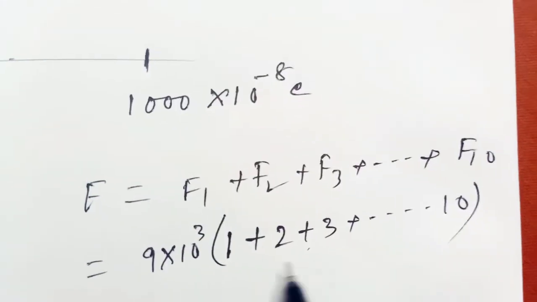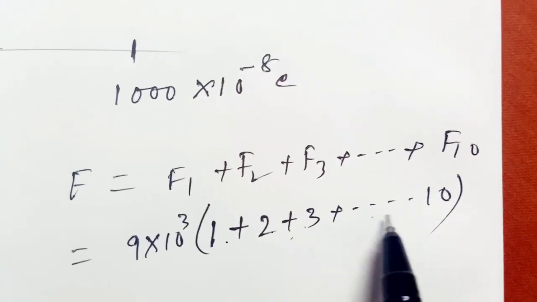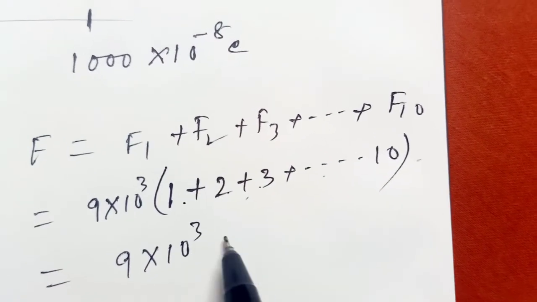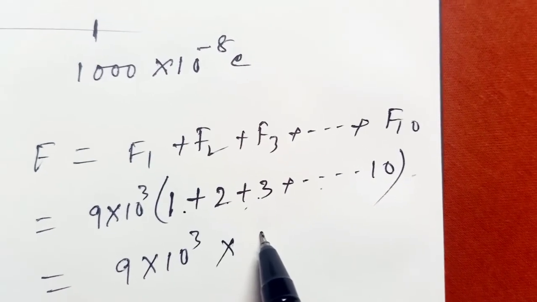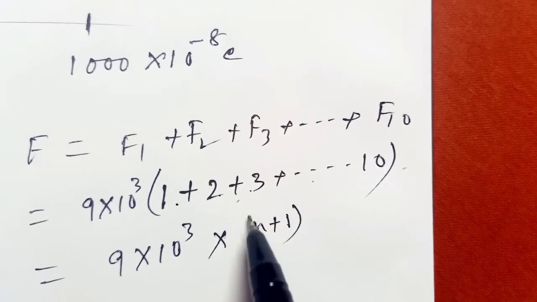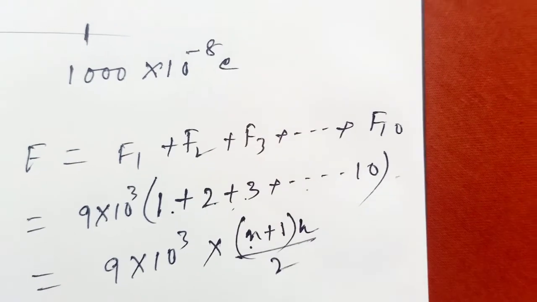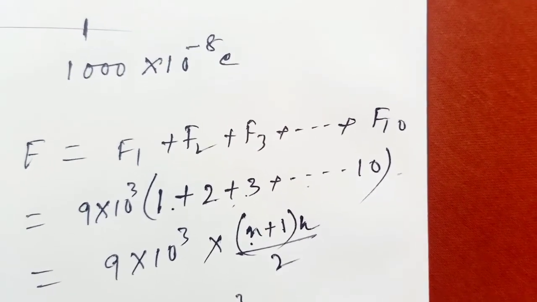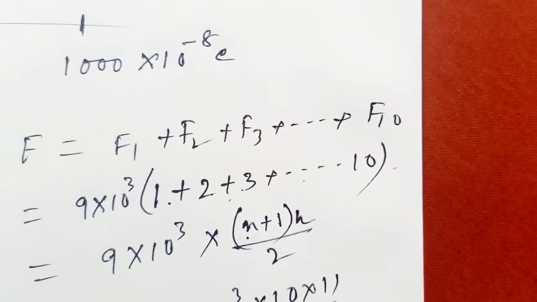If we add all these values, then we get 9 into 10 to the 3 into n into n plus 1 by 2, with n equal to 10, so 55. So 9 into 10 to the 3 into 10 into 11 by 2.